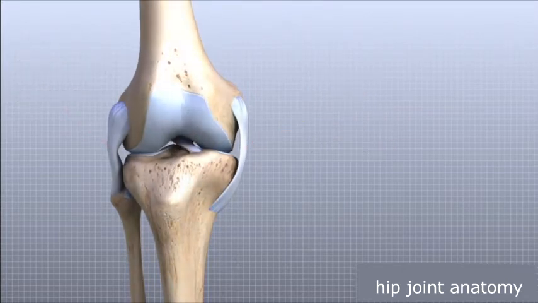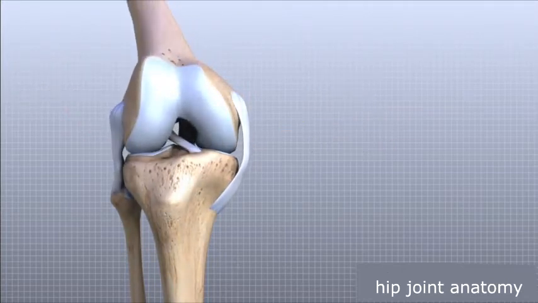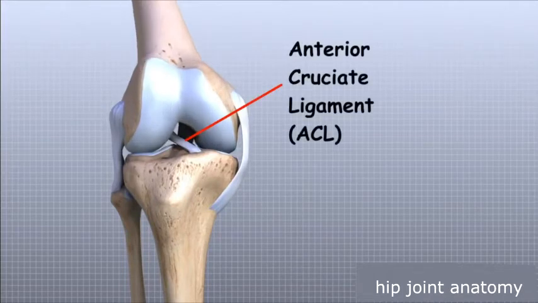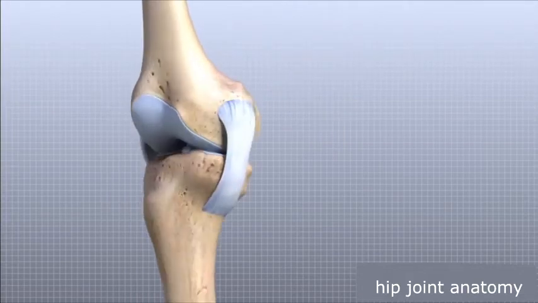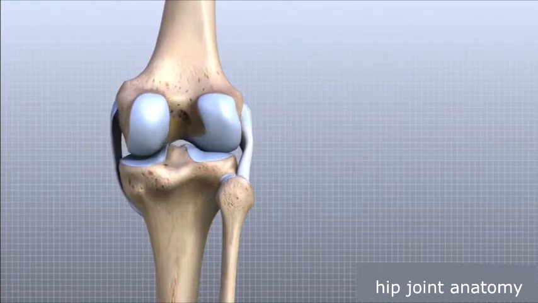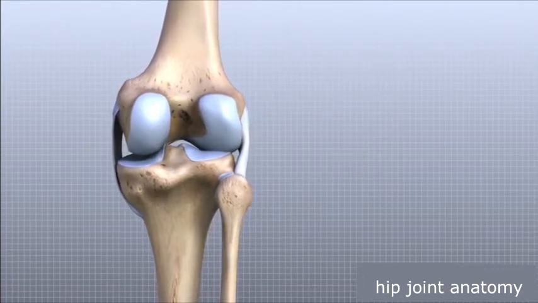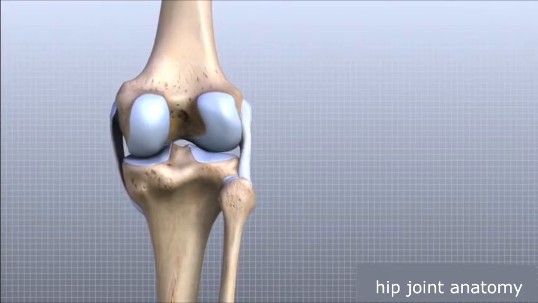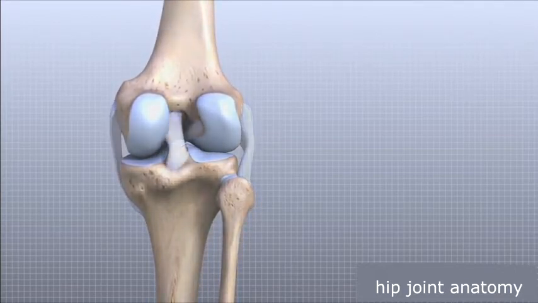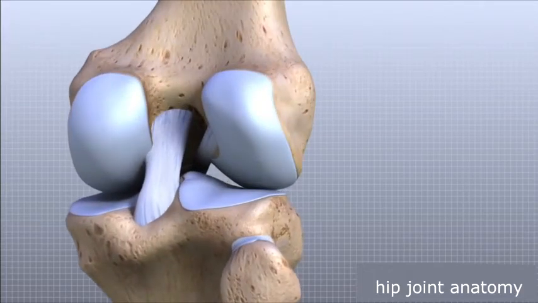Inside the knee joint, there are two important ligaments attaching the femur and the tibia. The anterior cruciate ligament or ACL to the front and the posterior cruciate ligament or PCL to the back. The MCL and LCL prevent the knee from moving side to side excessively. The ACL and PCL control the front and back movement of the knee joint.